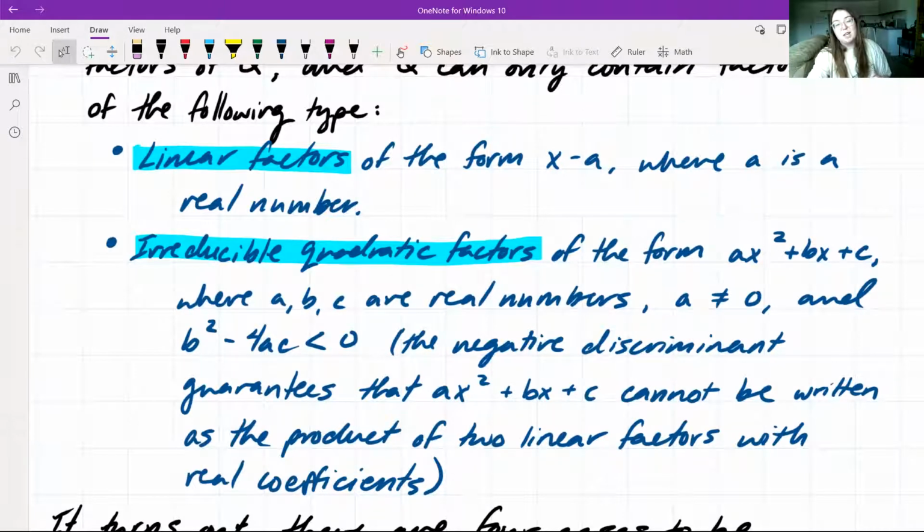But if it's negative, then that means that it is irreducible. There's no way that we can factor that function out. So all that's saying is that you ensure that b squared minus 4ac is less than 0, so you make sure that it's negative to ensure that your function is going to be irreducible.